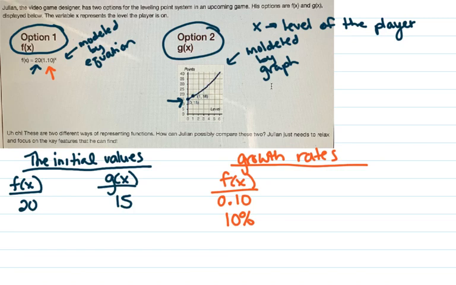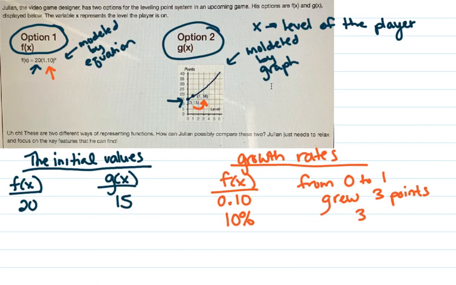Well, I can see that from 0 to 1, g of x grew 3 points because it went from 15 points to 18 points. To figure out the growth rate, I'm going to see how much 3 points compares to my initial amount of points that I started with.